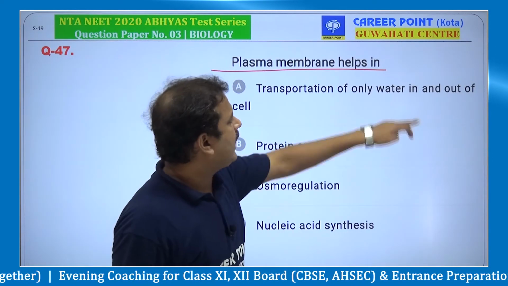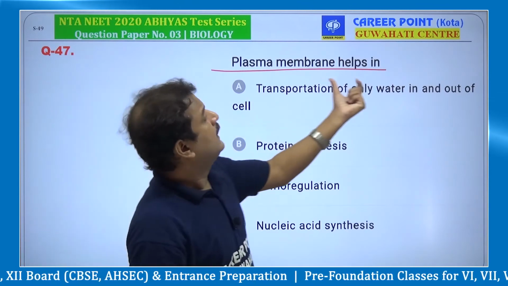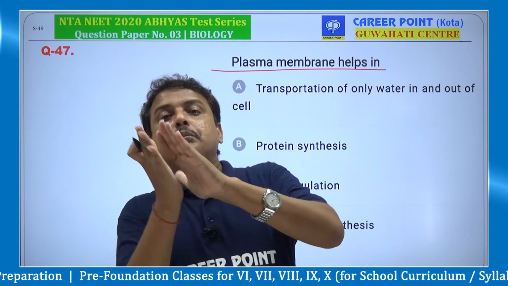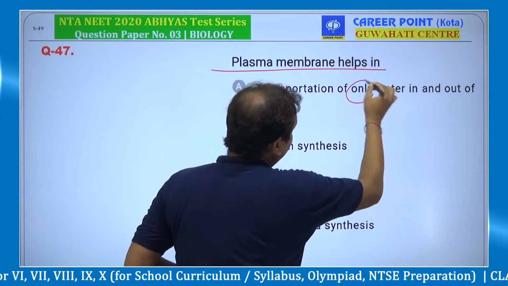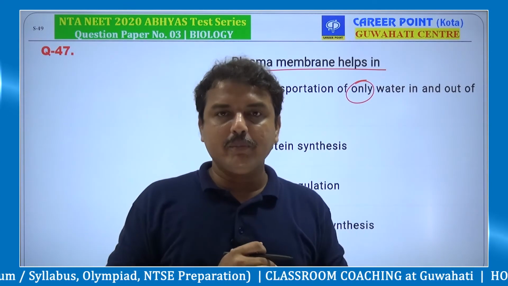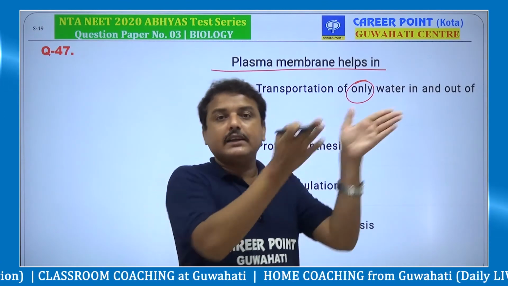Next, plasma membrane helps in transport of only water in and out. No. Yes, of course it helps in transport of water. So plasma membrane helps in movement of solvent in the process of osmosis, but you cannot use 'only', because other solutes are also allowed, because it is selectively permeable, not only semi-permeable. So plasma membrane is selectively permeable.